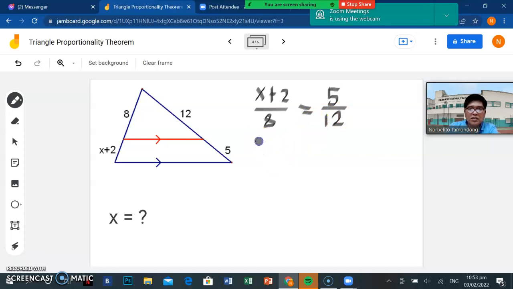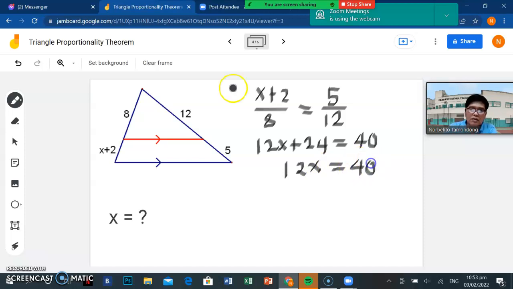Okay, so 12x plus 24. The product of the extremes is equal to the product of the means, 40. So 12x is equal to 40 minus 24.